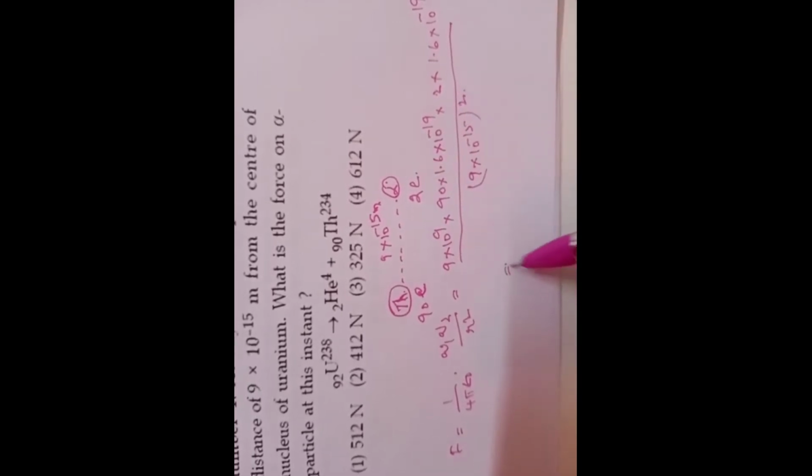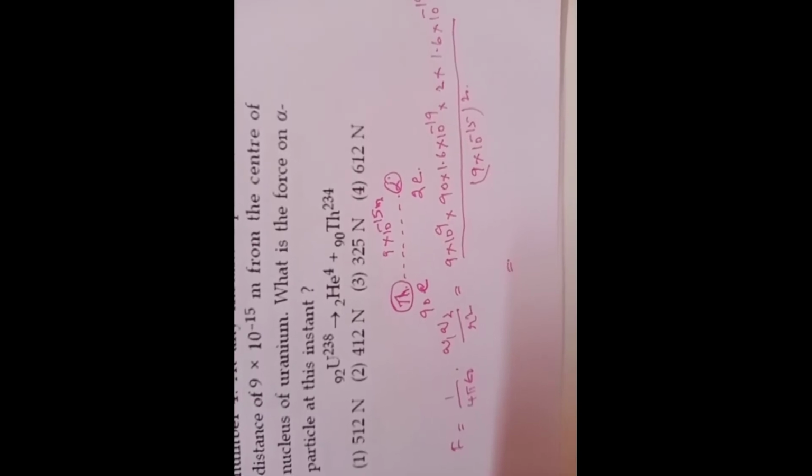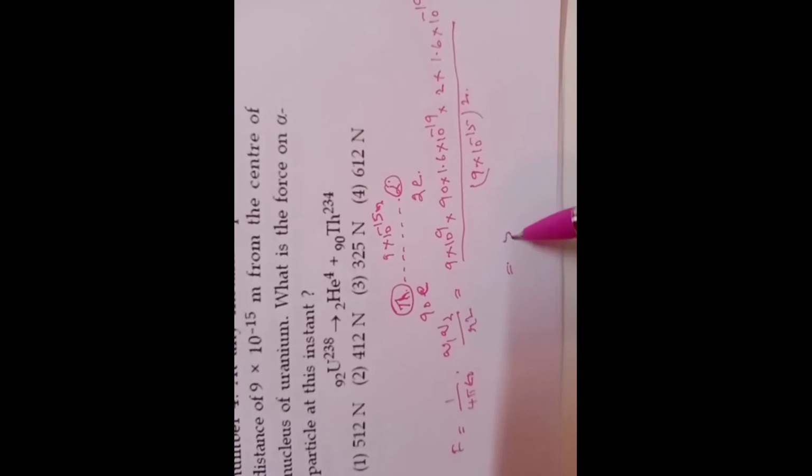Here r value they have given as 9 into 10 power minus 15, whole square. If we calculate this one, finally we will get the value as 512 newtons.